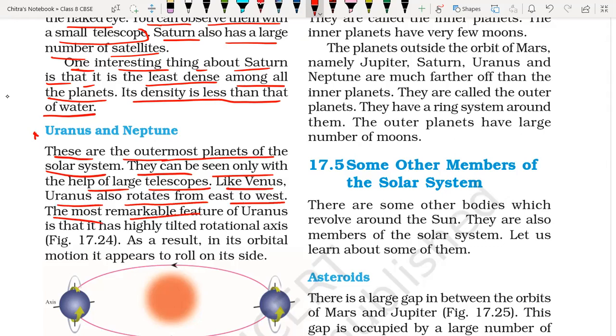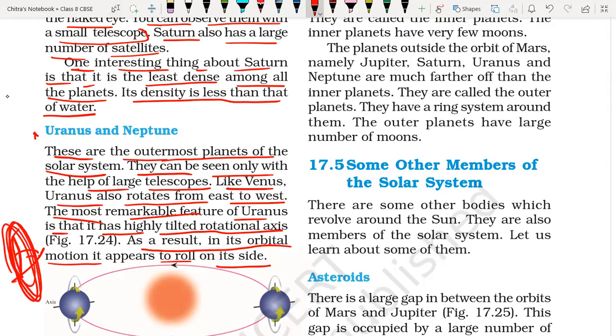The most remarkable feature of Uranus is that it has a highly tilted rotation axis. It is tilted like this. This is the tilt angle. As a result, in its orbital motion, it appears to roll on its side. It appears like it is rotating like this.